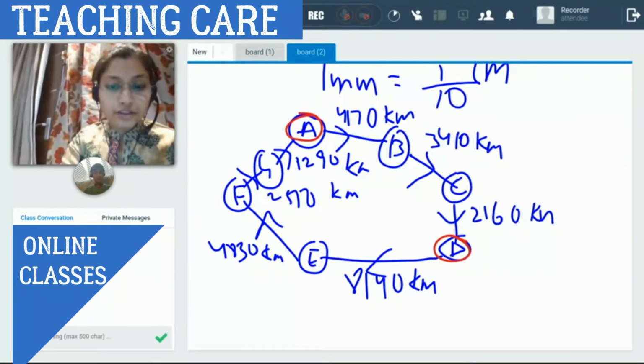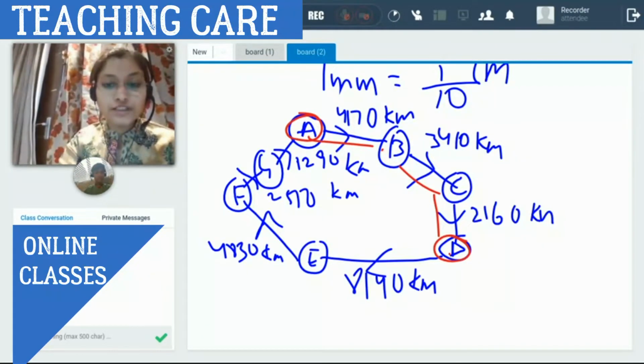They have already given you the distance between A to B, B to C, and C to D. So for A to D, you just need to add them up.